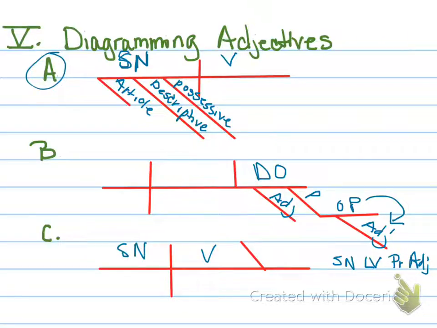So the teacher is Sarah. I told you wrong. The teacher is pretty would be one that would be a predicate adjective. I was jumping into a predicate noun, wasn't I? So predicate adjectives go on the main line.